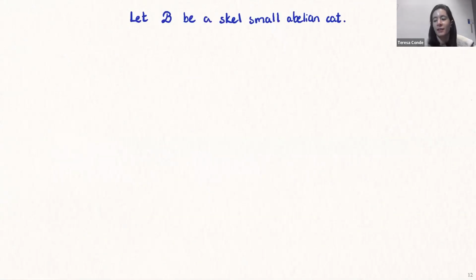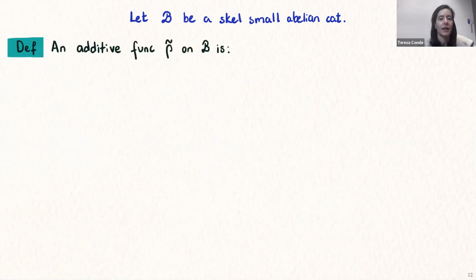For that, let me give you some short summary of some well-known results about integral additive functions on skeletally small abelian categories. So for this quick part, let's suppose that B is some skeletally small abelian category.